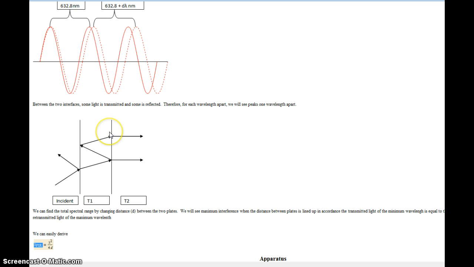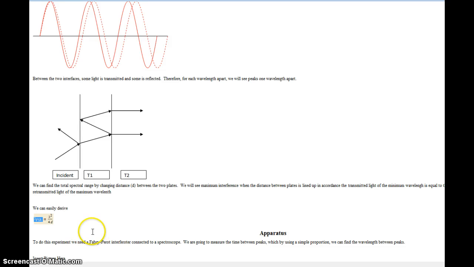And to find that d, we adjust the spectrometer until the big peak, the first peak of 1, matches up with the next wavelength. We measure the distance from where the first peak lines up with the next wave, and that's where we get the d.